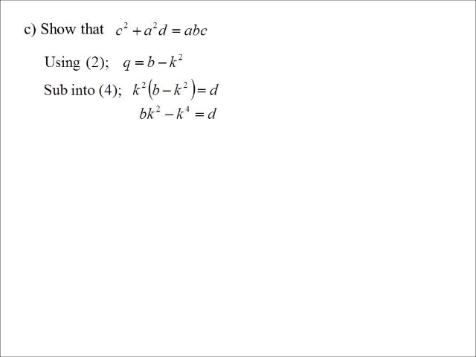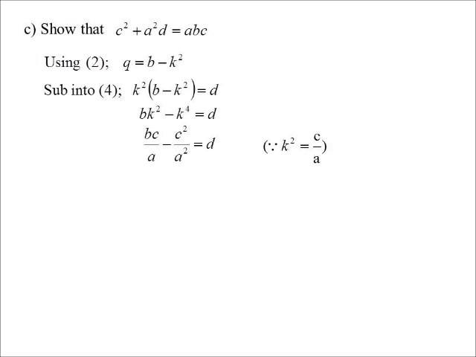So bk squared minus k to the power of 4 is equal to d. Substituting that in, when I rearrange what we just found, k squared is c on a.